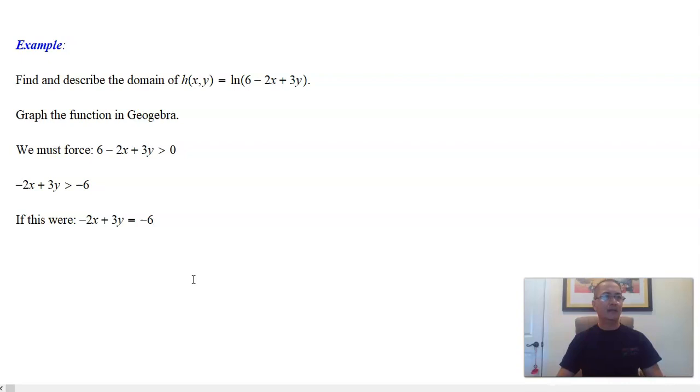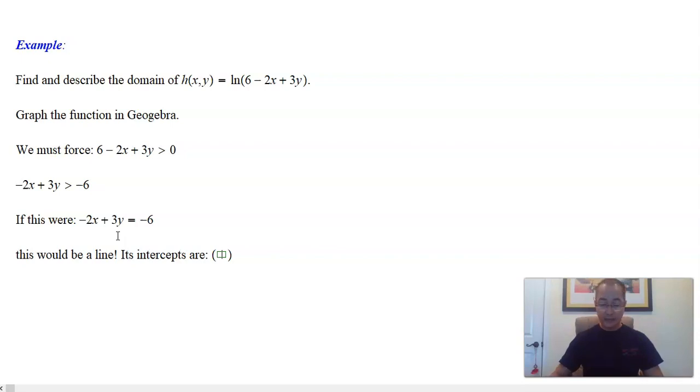Well, this would be a line, right? That's the general equation for a line. In fact, I gave you a very nice equation. It's easy to see what the x and y intercepts of this line are.